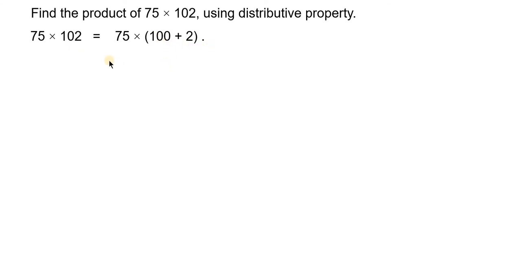Okay, why have I split it into 100 plus 2? Why not 50 plus 52? See, multiplication of any number by 100 is easier than by 50. You just have to add two zeros to find the product of any number multiplied by 100.